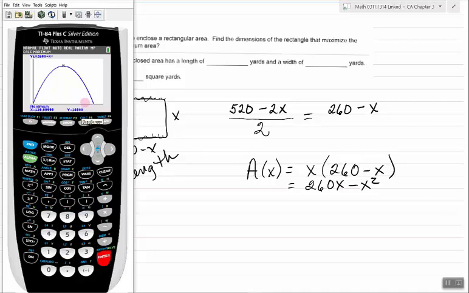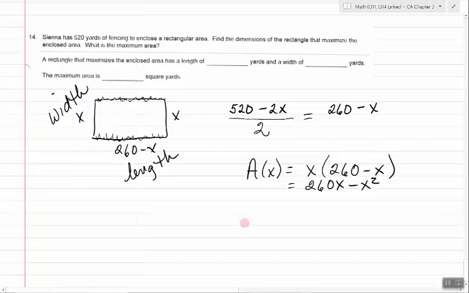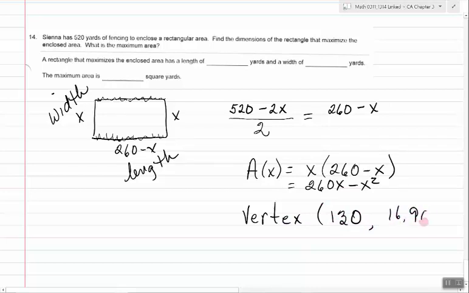So I'll write those numbers down. So I have a vertex, which is 130, 16,900. What is this? This is x, which is the width. This is not the length. This is the max area.